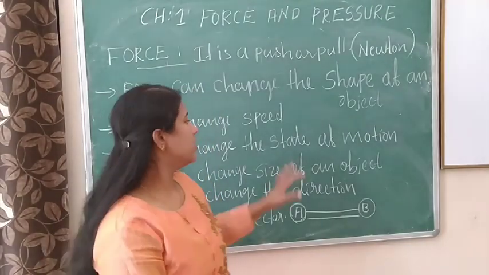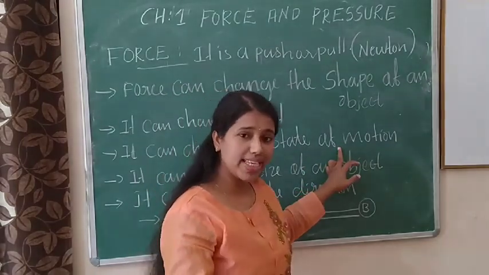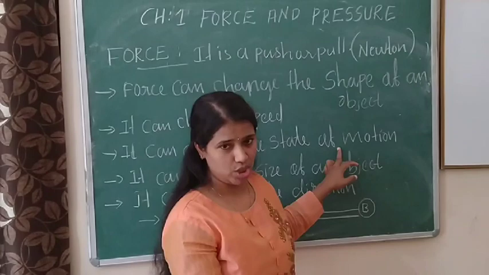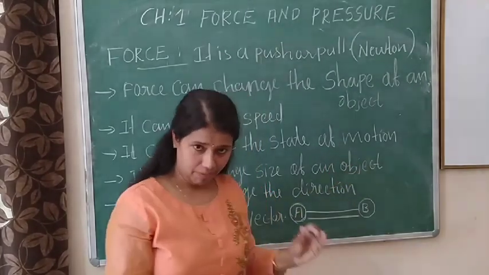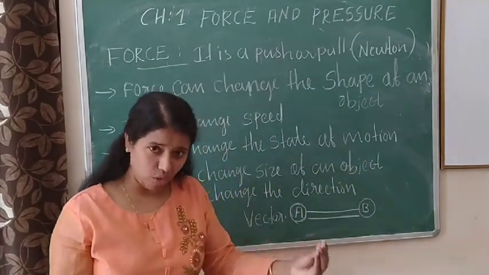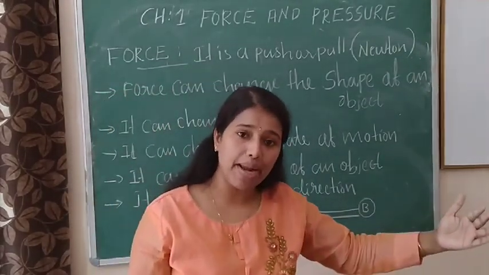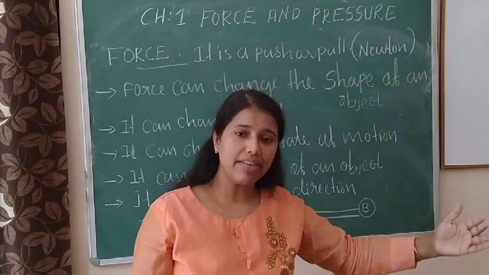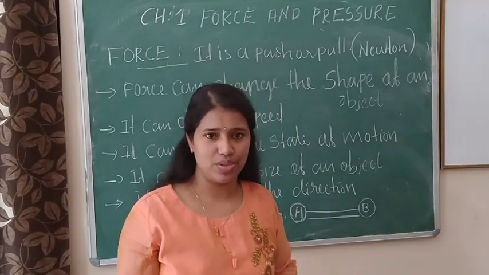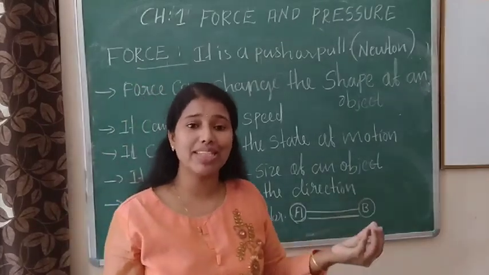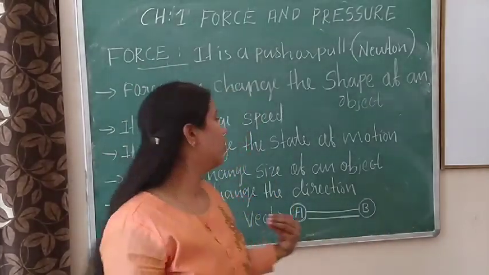Force can change the state of rest and the state of motion also. A rest object, if we apply force, will move. An object already moving, if we apply force, becomes rest. Some other factors also matter, which we will discuss later, that is frictional force.